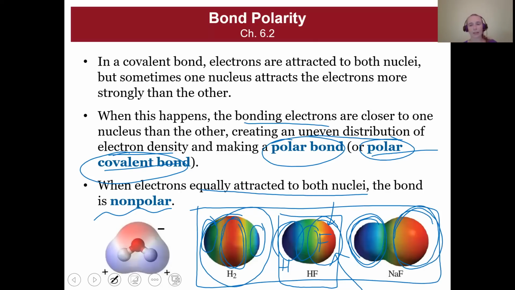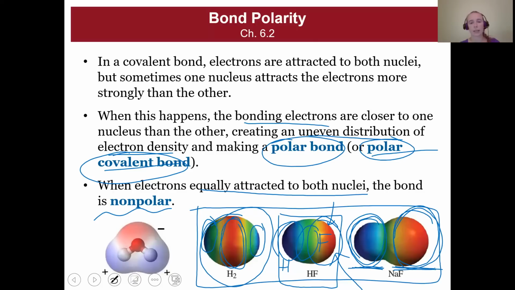That is what we would expect, because when we have an ionic bond, it's a transfer of electrons from the cation, which is sodium in this case, to the anion, which is fluorine in this case. We transferred the electron, so that makes sense as to why we would almost never see the electron on the sodium side, and almost always see the electron on the fluorine side.